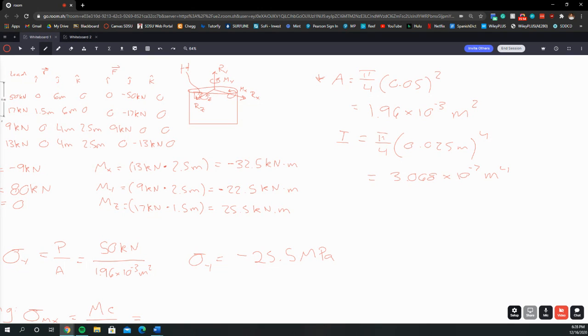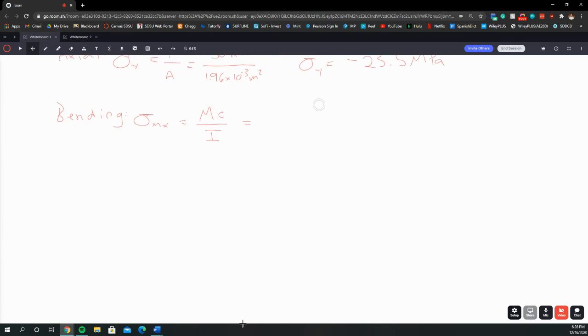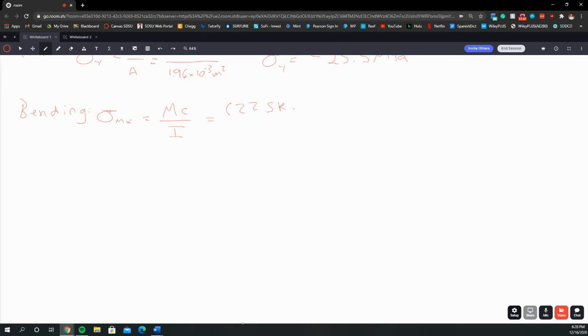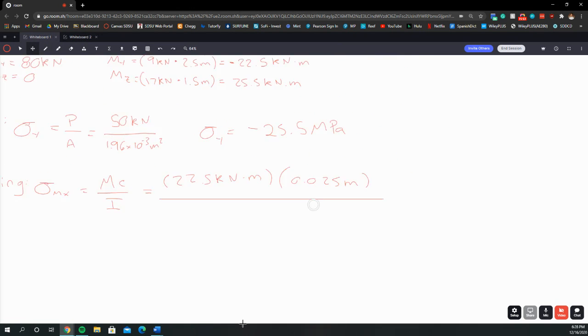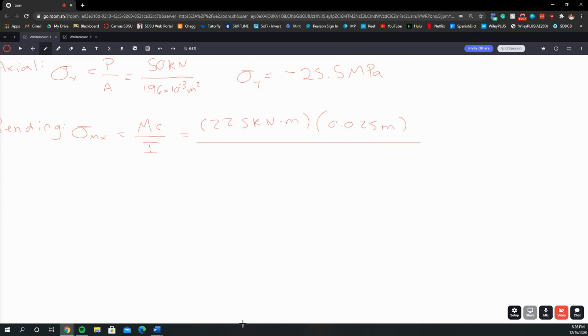All right, cool. And all right, I just got to plug everything in. Moment, 22.5 kilonewtons per meter times 0.025 meters over 3.068 times 10 to the -7th meters to the 4th.